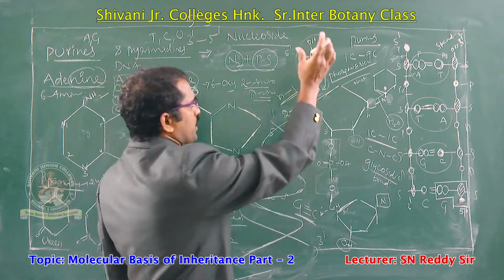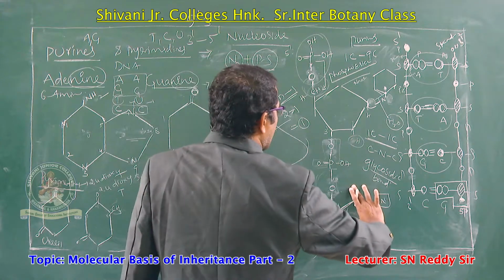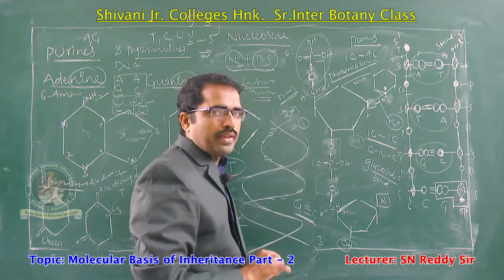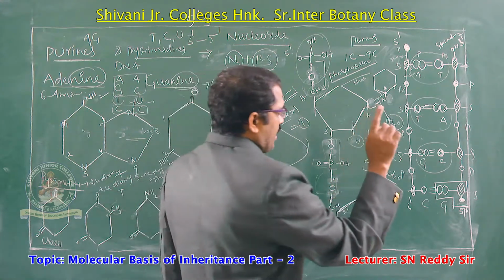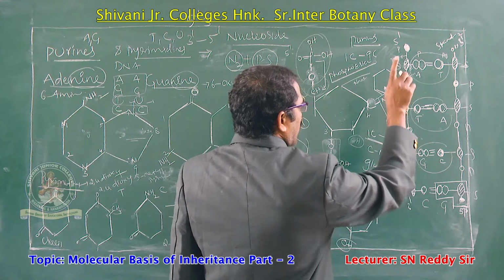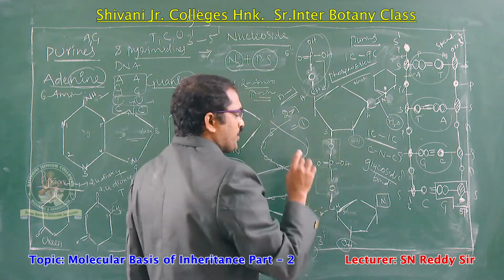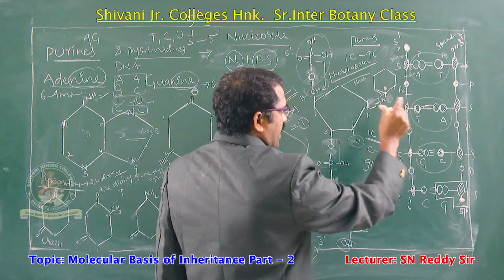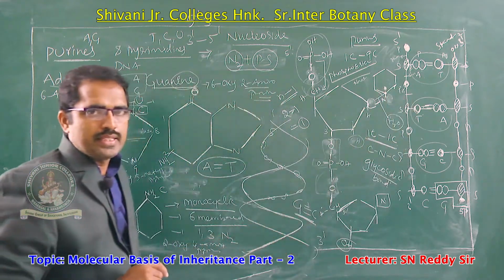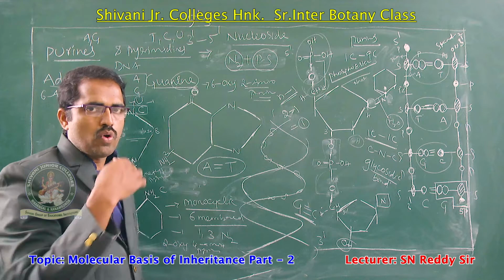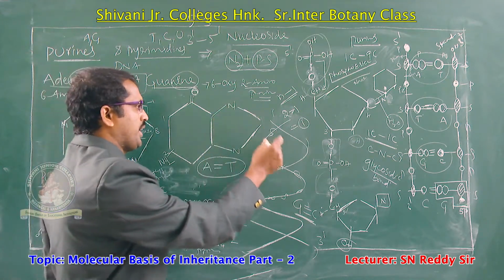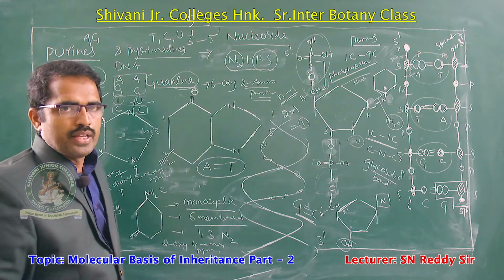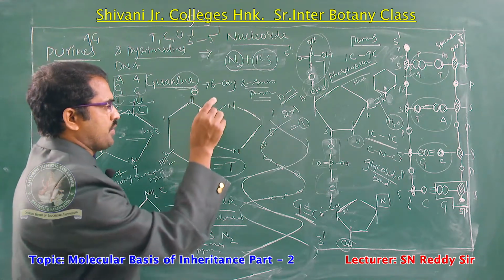In the case of a dinucleotide, there is a phosphodiester bond. So glycosidic bond, hydrogen bond and phosphodiester bonds are seen in the case of DNA. These three bonds are involved in the structural formation of the DNA. So this is about the DNA strand structure.